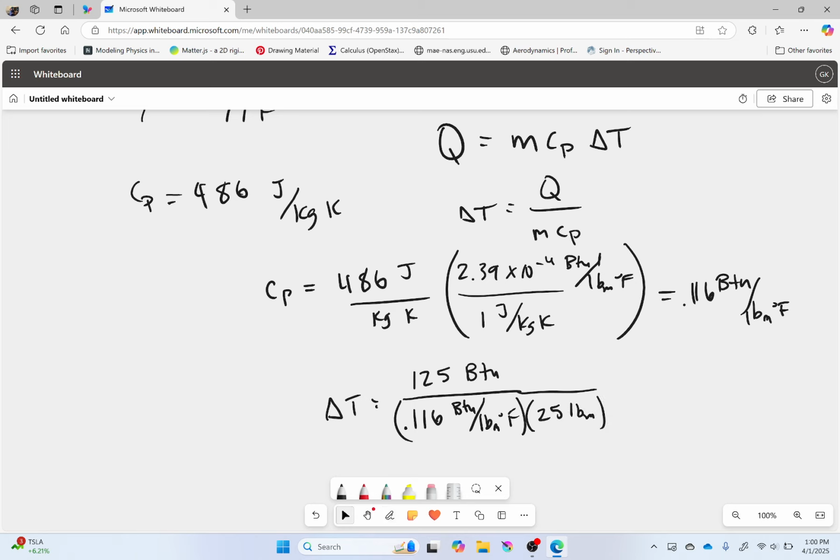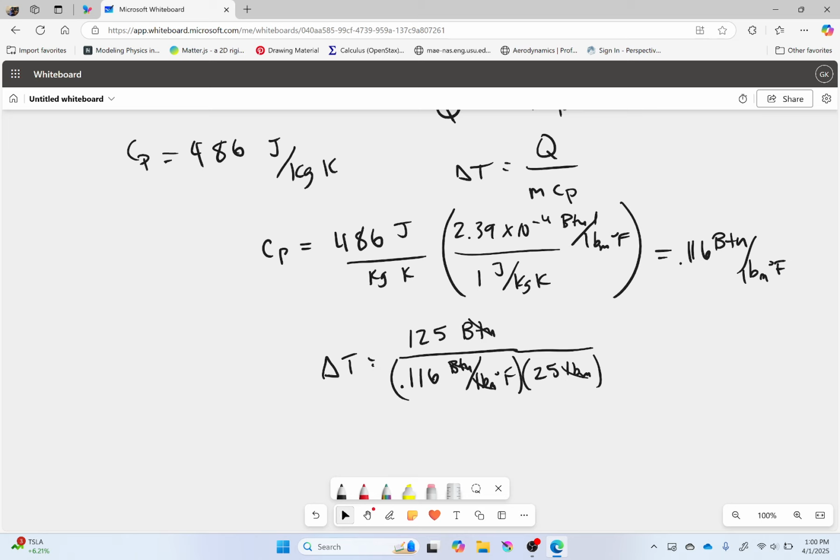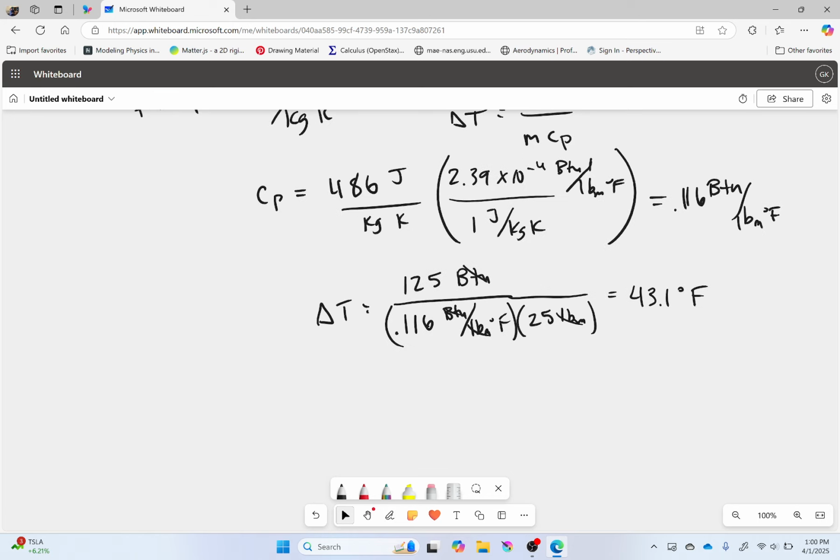Let's check our units, make sure everything works out fine. Pound mass cancels, BTUs cancels, I'm only left with degrees Fahrenheit. And so I get a temperature change of 43.1 degrees Fahrenheit.